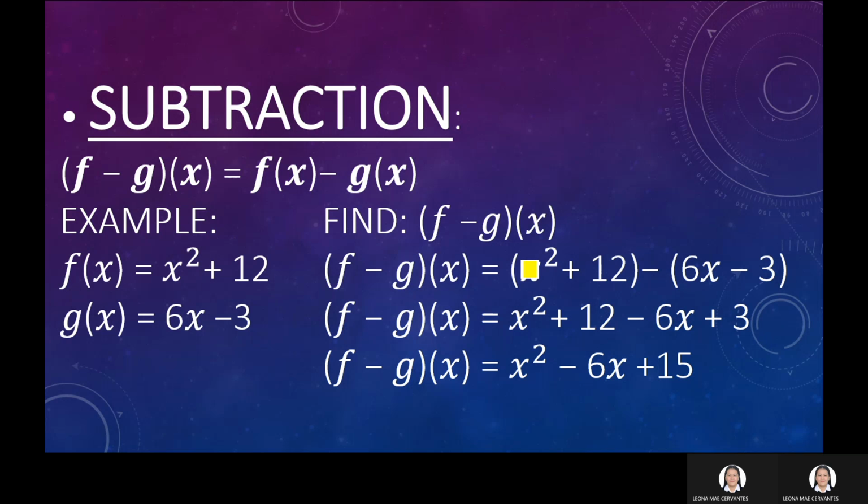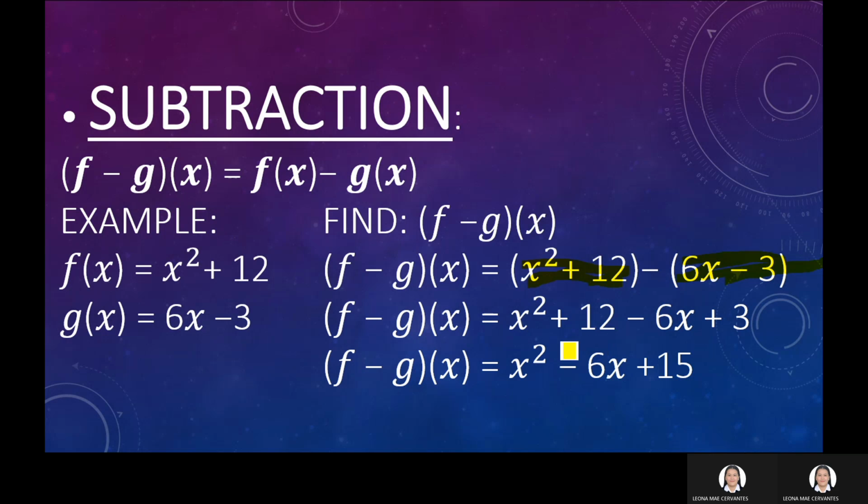So again, x squared plus 12, the value of f of x, minus 6x minus 3, which is the value of g of x. So we have x squared plus 12 minus 6x plus 3.